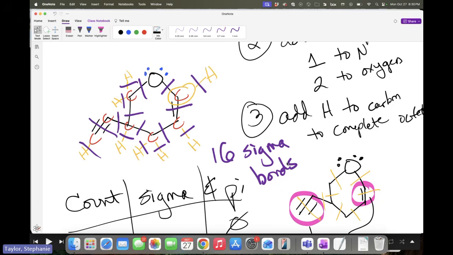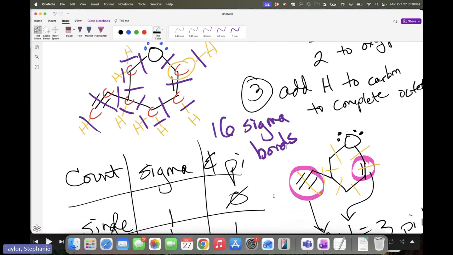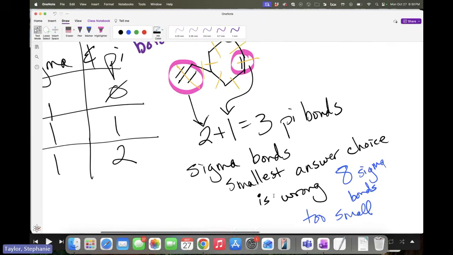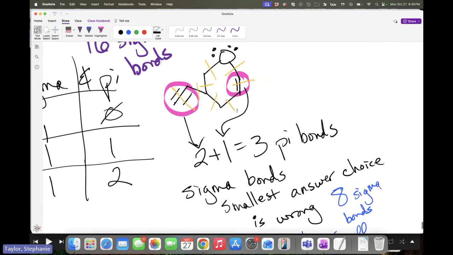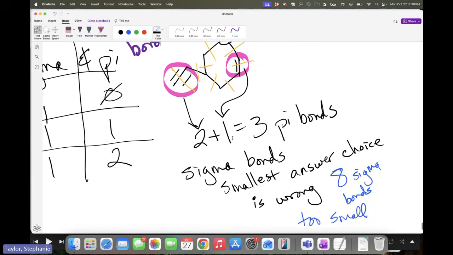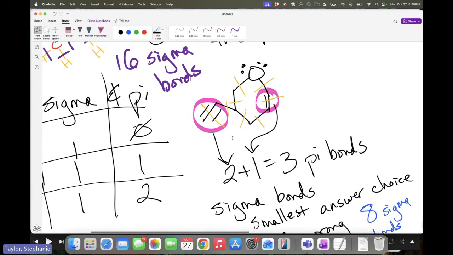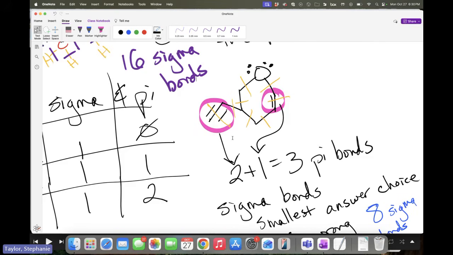That I cannot answer because I don't know what we put on the exam at this juncture, but I can tell you that the smallest one's wrong because it's so easy to just count the number of lines and be like, 8 seems reasonable. So the smallest number is always wrong. The biggest number could be right, could be wrong.